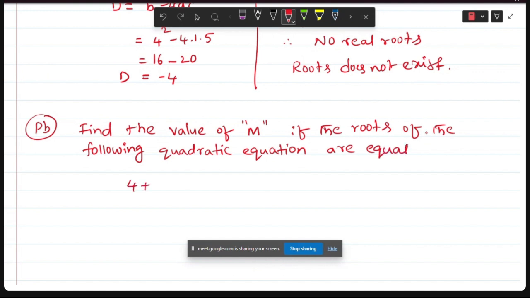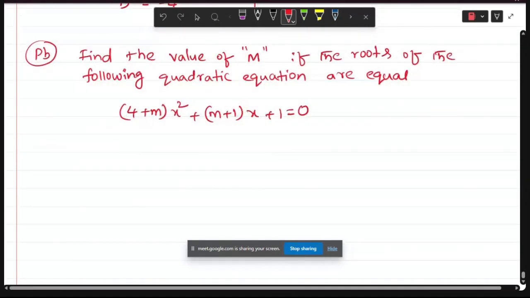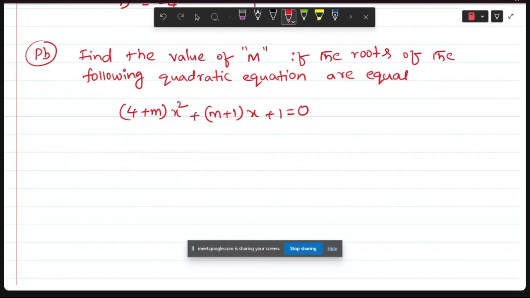The question is (4 plus m) into x squared plus (m plus 1) into x plus 1 is equal to 0. This is the question. Just try, ma'am. For 2 minutes, just think about that question. Any idea?